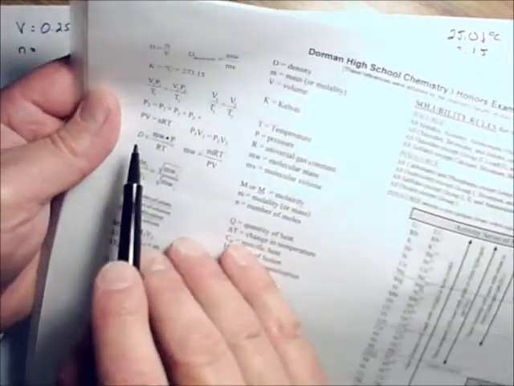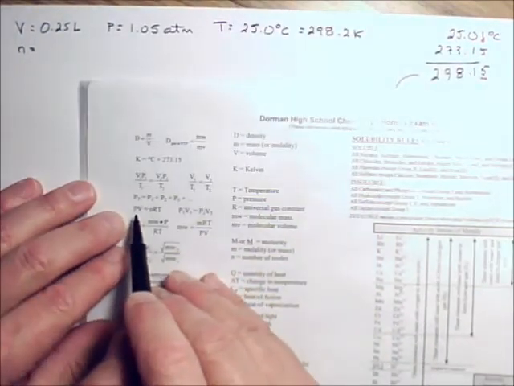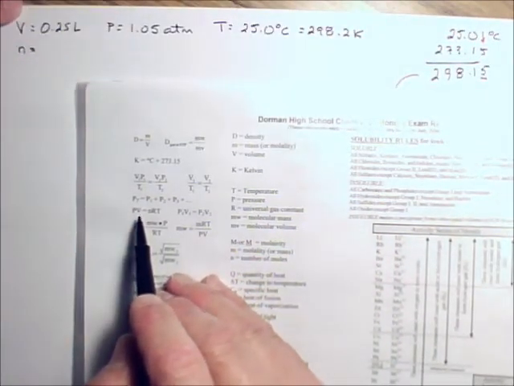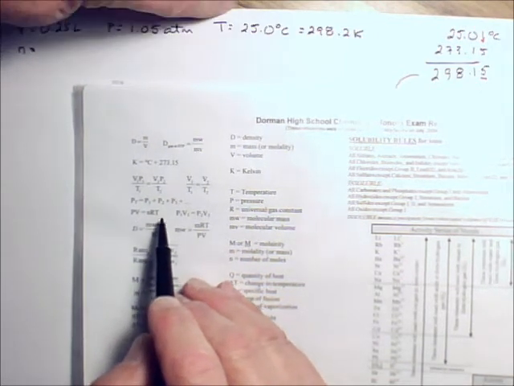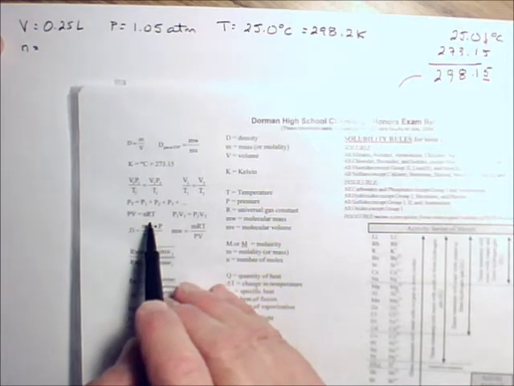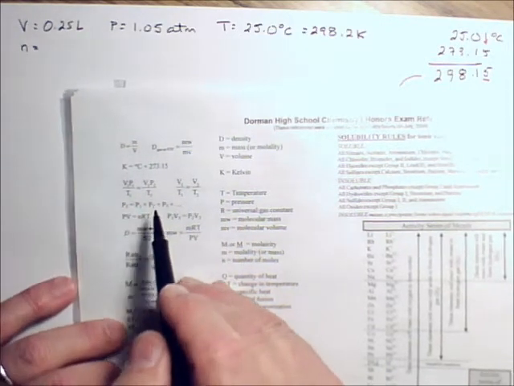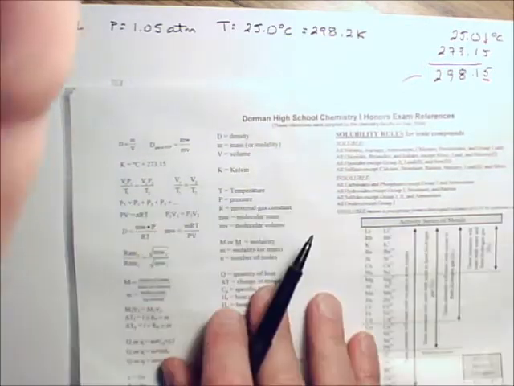This one has pressure, volume, temperature, and N. The only thing we don't have is R, but R you always have. Everybody always has R.